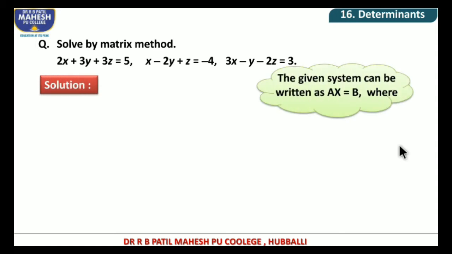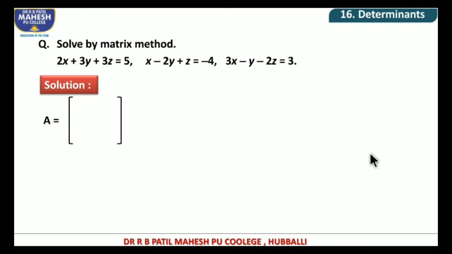For the solution we have to write the system as AX is equal to B, where A is the matrix of coefficients, capital X is the column matrix of unknowns x, y, z, and capital B is the column matrix of constants.